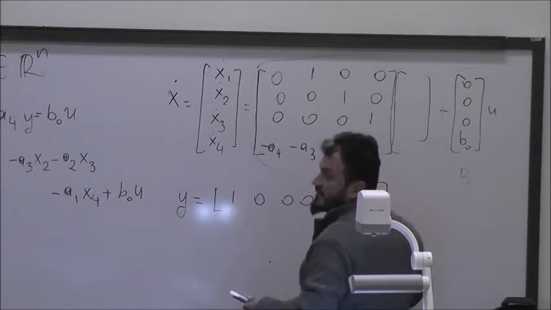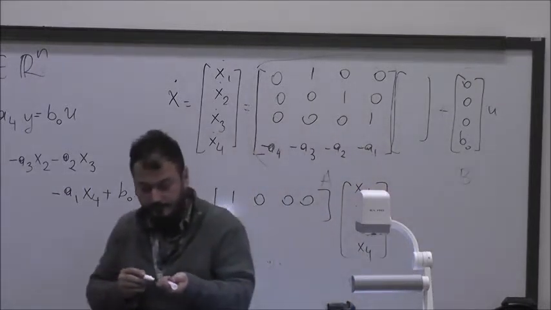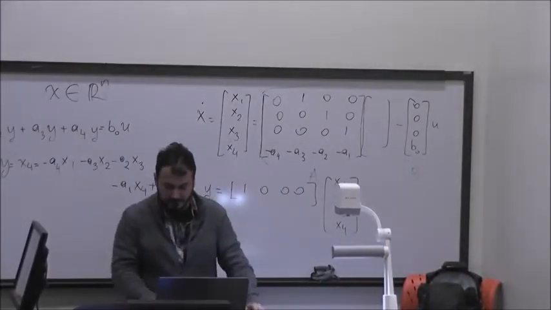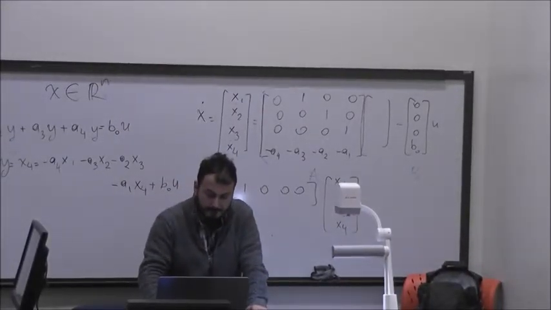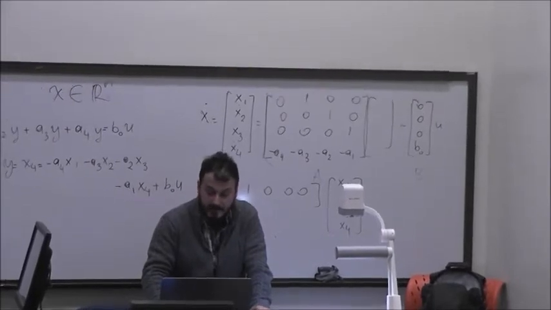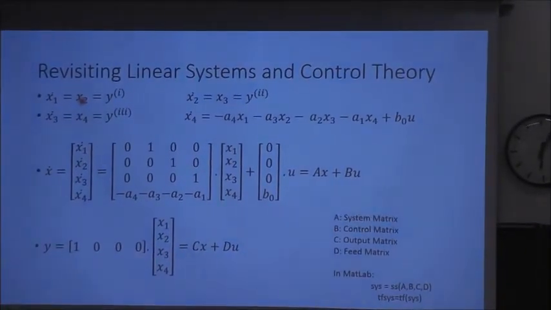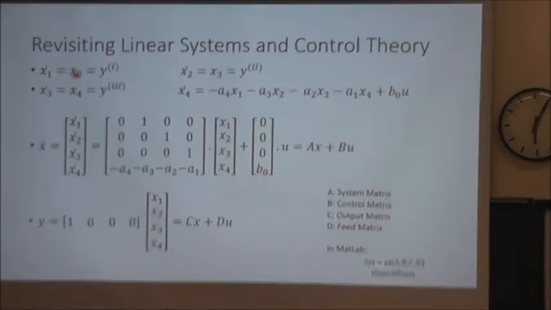And here my D is 0. All right. A is the system matrix, B is the control matrix, C is the output matrix, D is the feedforward. And if you have no feedforward, it's 0.